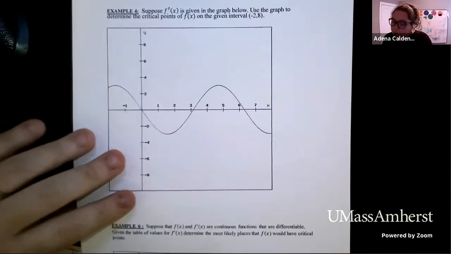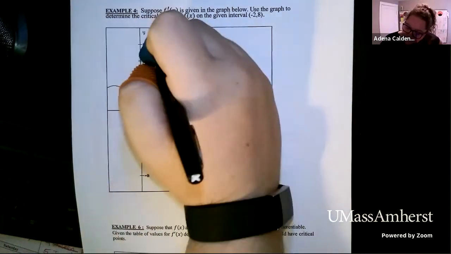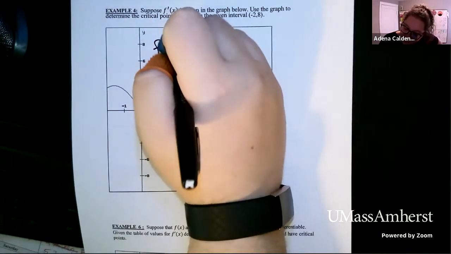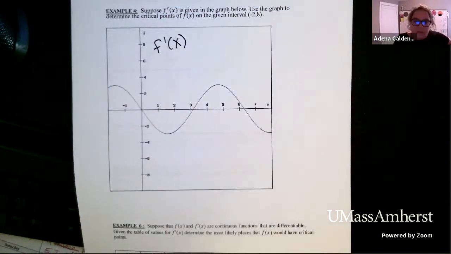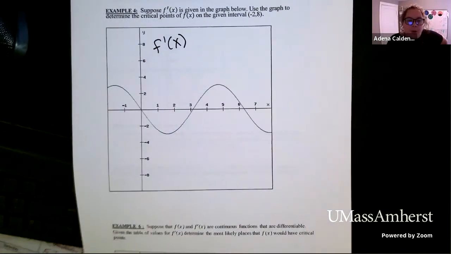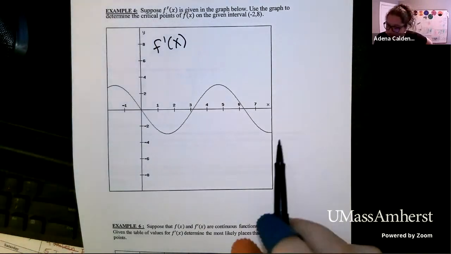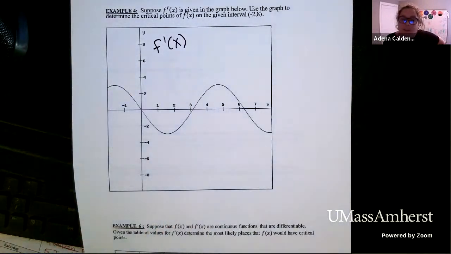Suppose that we are given the derivative on the graph below. This is a graph of the first derivative, not of the original function, right? We want to use this graph to determine the critical points on the interval -2 to 8. That's what's given in this picture.